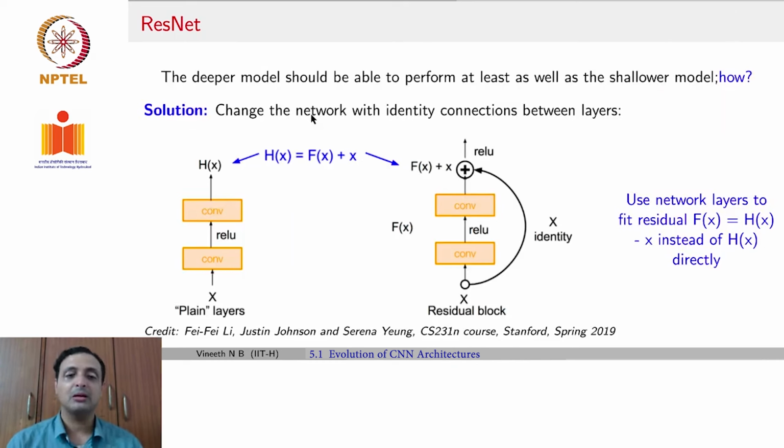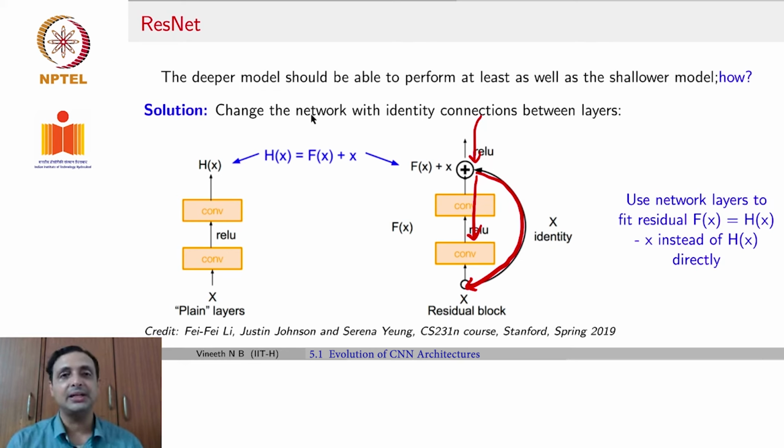When we backpropagate, the gradient that comes to a particular point in the residual network, while there is a path of the gradient through these layers which may result in an attenuation of the gradient, there is another side path for the gradient to go as it is to a previous layer without any diminishing in its value.